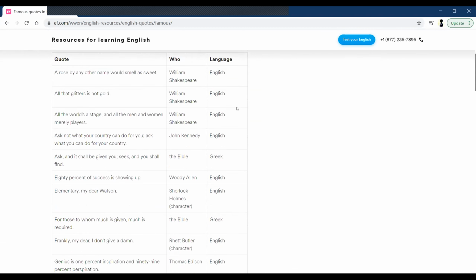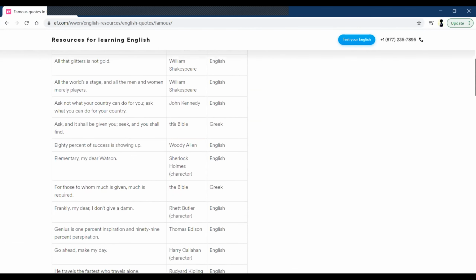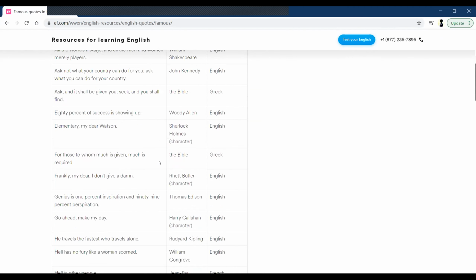So I'll complete some of them that Alan didn't go through. So the sentence "Elementary, my dear Watson" is from Holmes, the most famous fictional detective in the world, probably. And Watson is like Holmes' assistant.